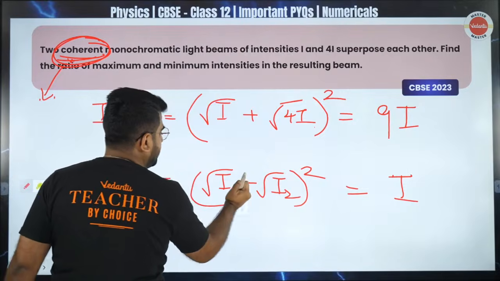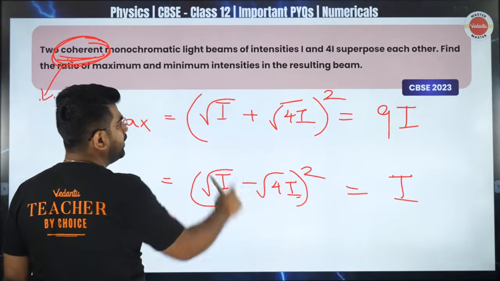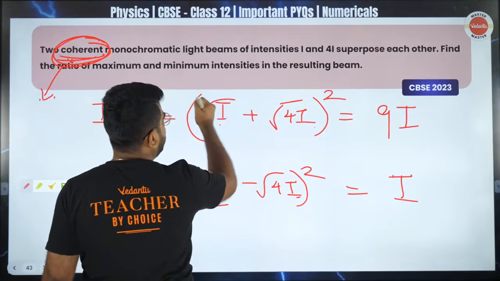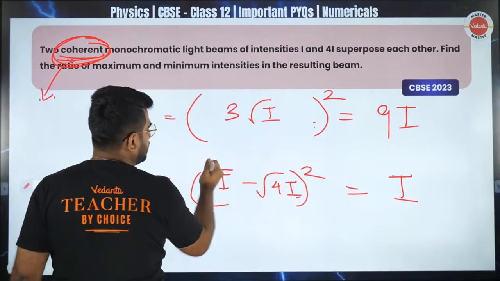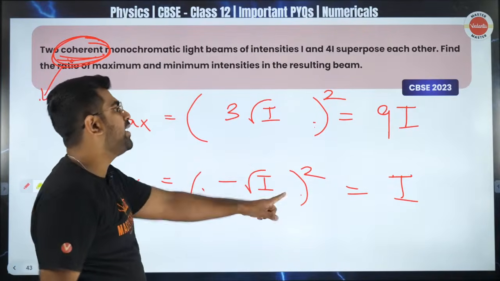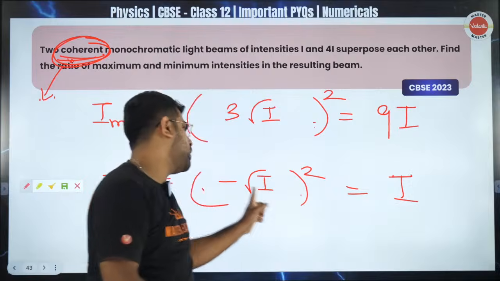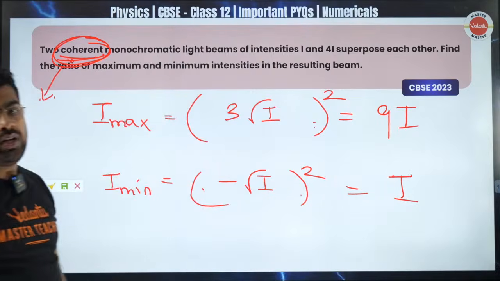Root I plus root 4I is 3 root I. Root I minus root 4I is minus root I. When I square it, I'll get 9I. When I square the other, I'll get I. So the answer is 9I and I.